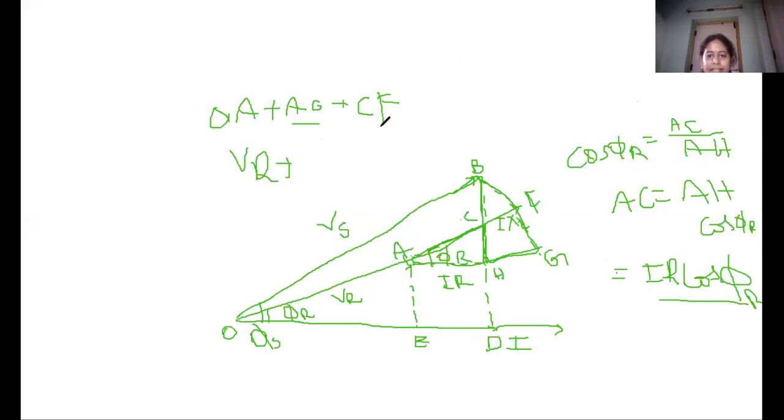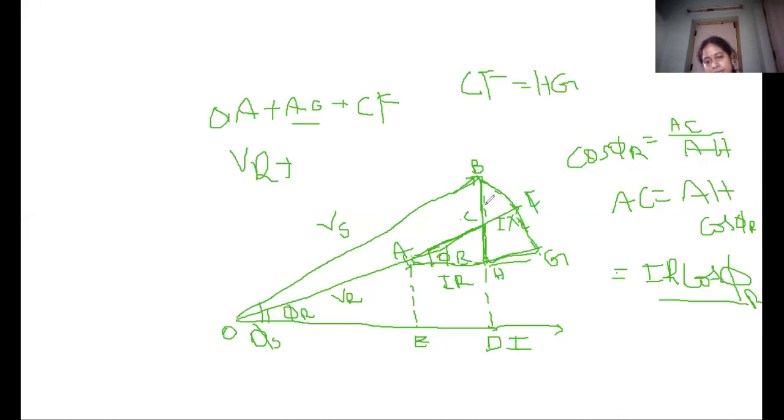Similarly, for finding CF, CF equal to HG. BHG is forming a right angle triangle, and here CF equal to HG.